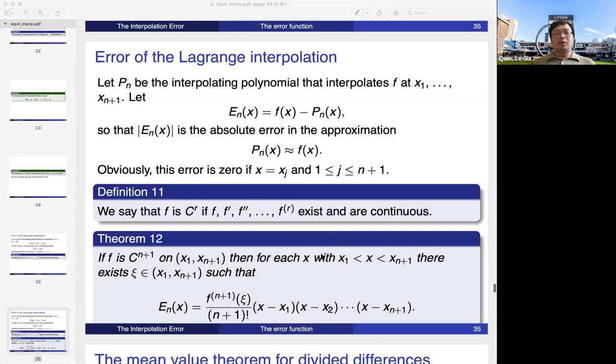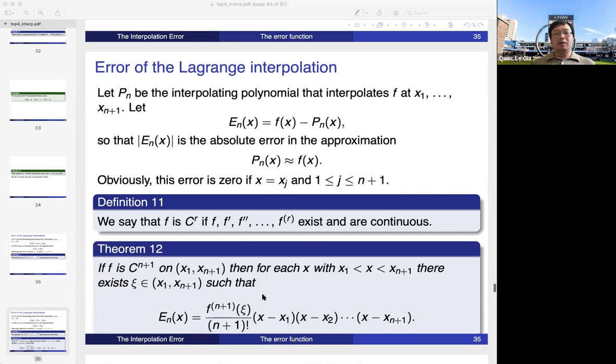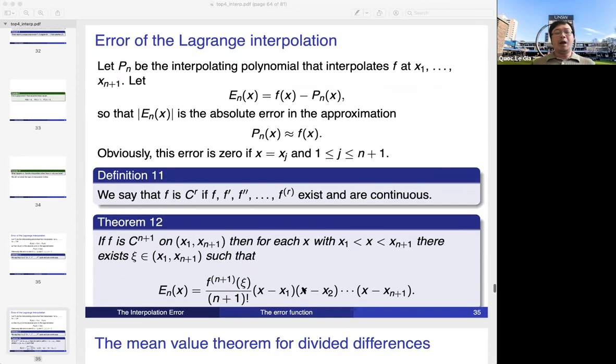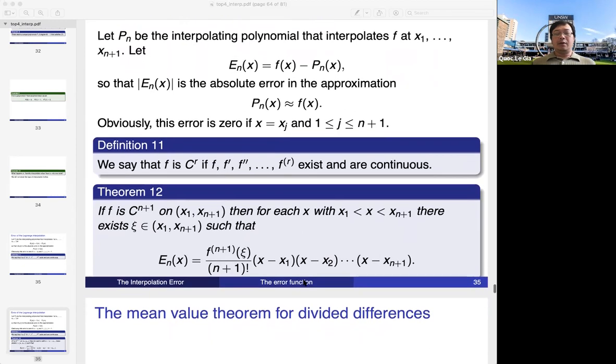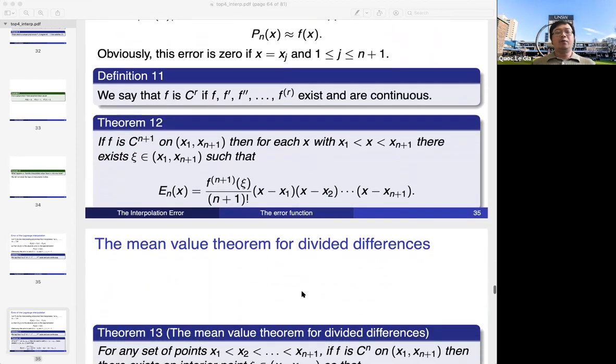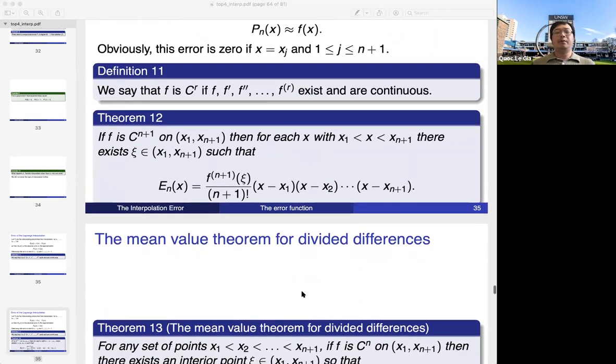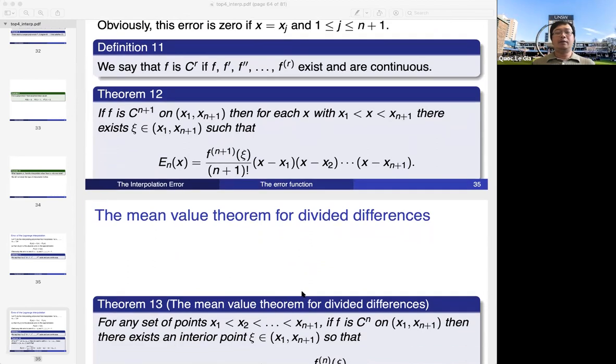So now how do we prove this? This theorem is very interesting. We can prove this in 2 steps. The first step is to prove the mean value theorem for divided differences.